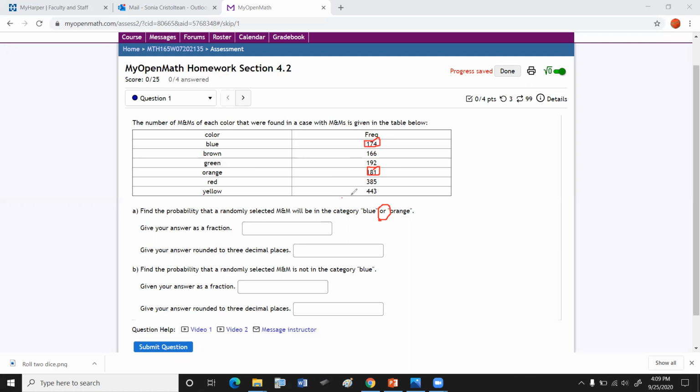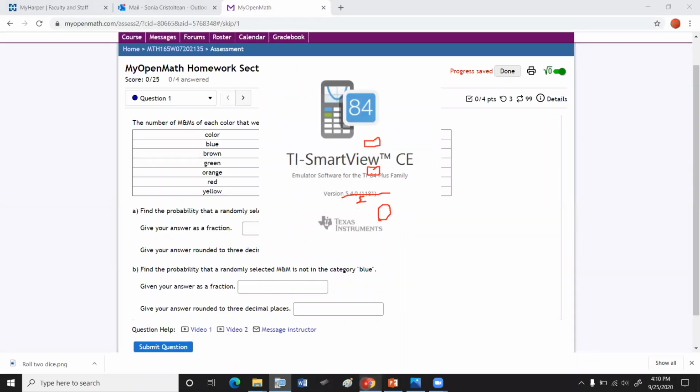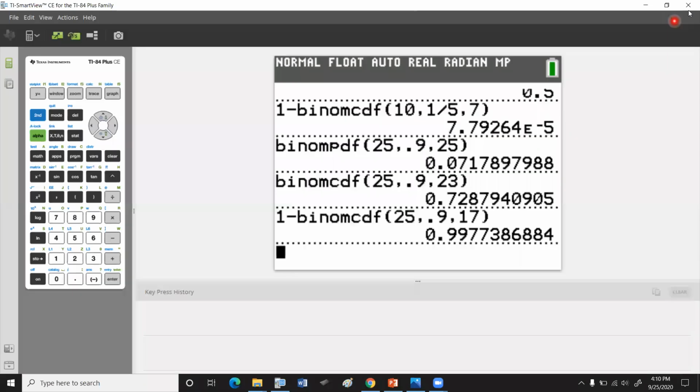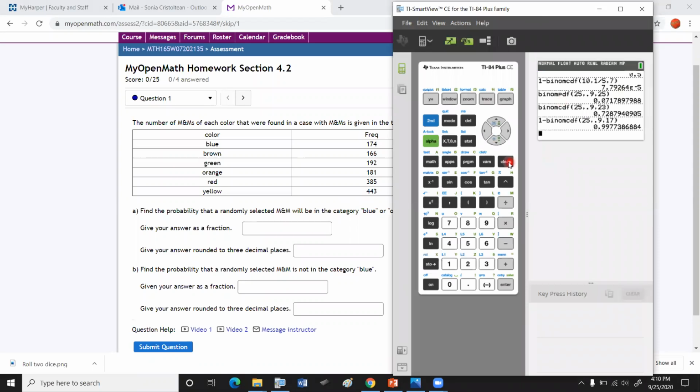So the first thing you should do is add up all of these, the summation of all of them. Let's just quickly do that. I will grab the calculator. I'll clear all the drawings, and I will simply add all the frequencies.